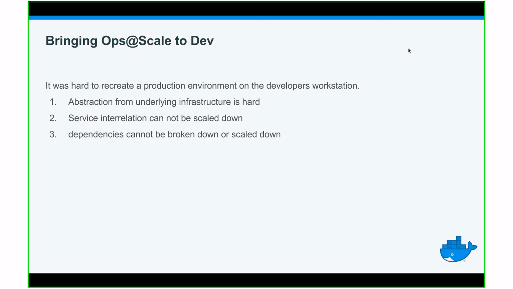If you have ever run Kafka and Elasticsearch and maybe something else on your laptop, it's rather hungry. And you cannot break down these dependencies in some cases because they are connected so heavily, and you cannot, as said, scale it down maybe.